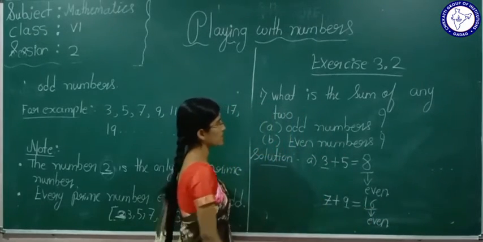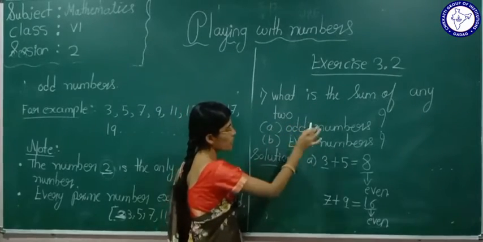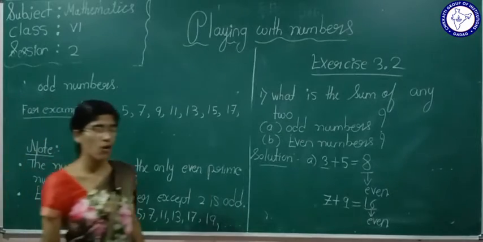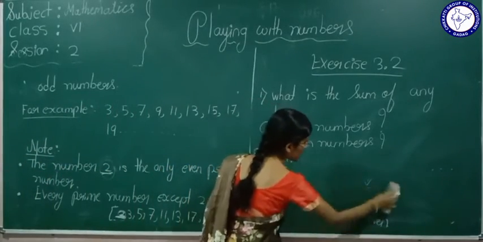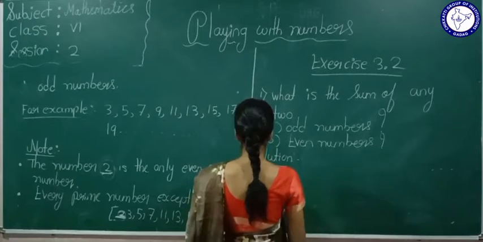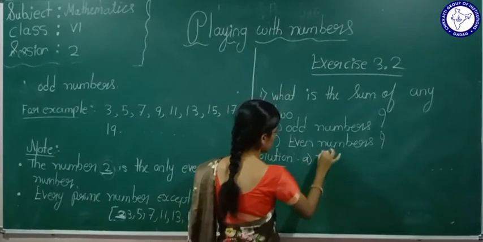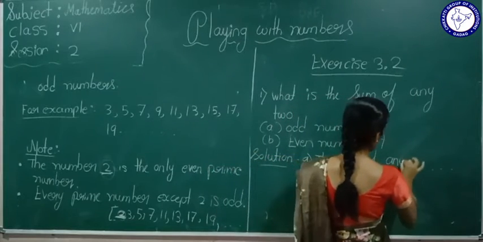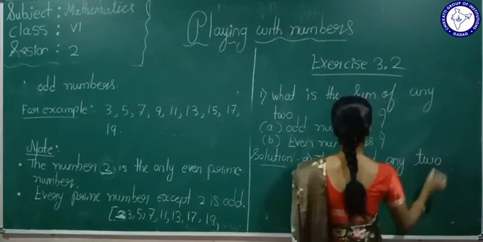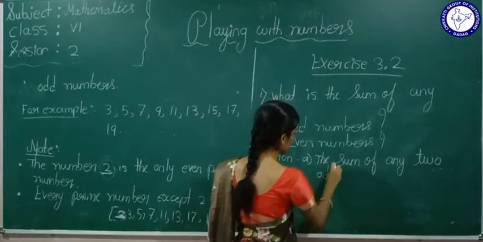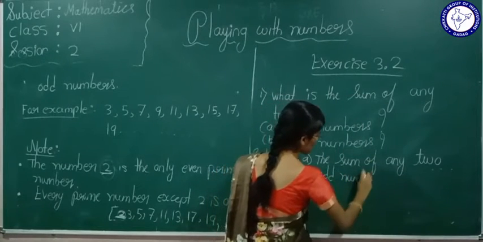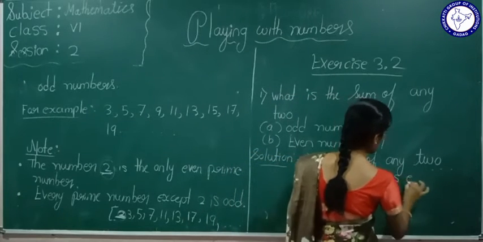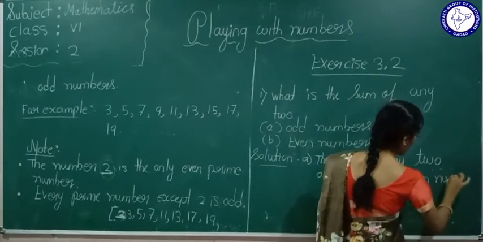Now what we can tell is that the sum of any two odd numbers is an even number.